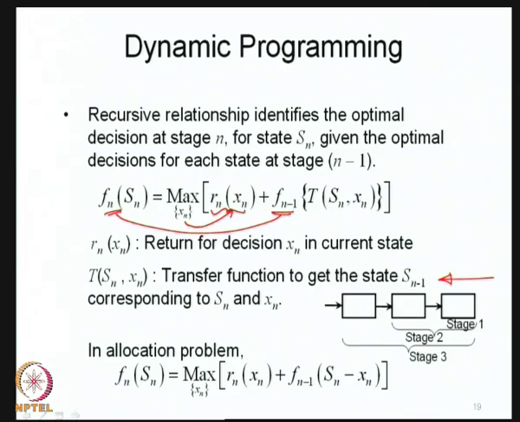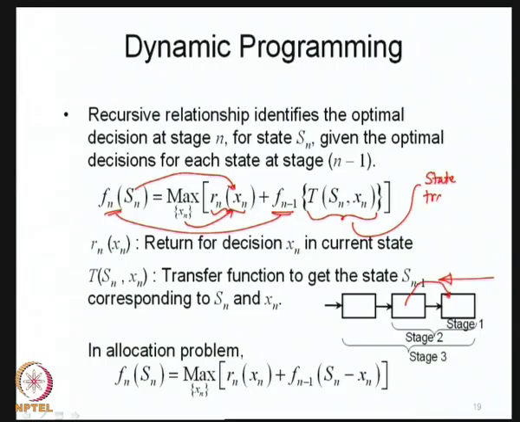Now, this decision xn taken on the state Sn transforms the state of the system from this current stage to the previous stage, and that transformation is given by T of Sn comma xn. Now, this T of xn comma Sn is the state transformation equation.